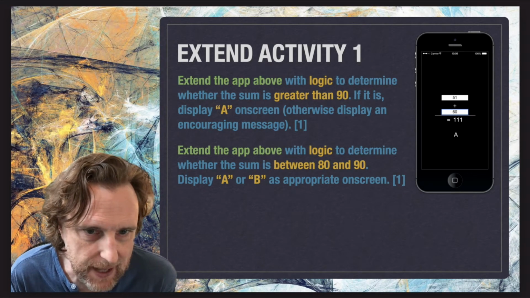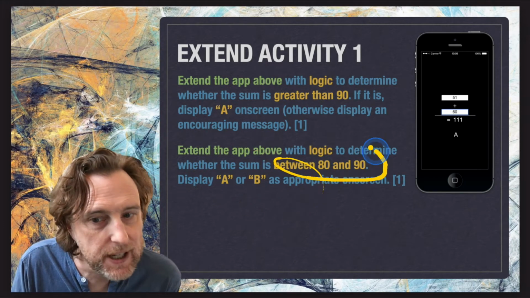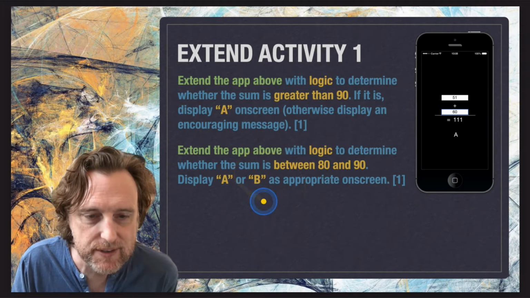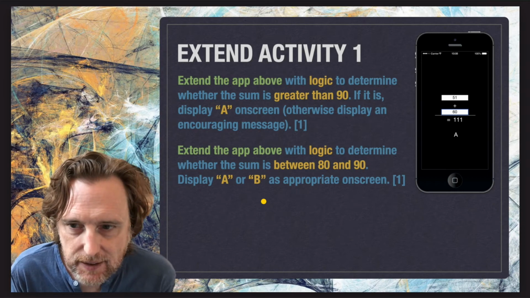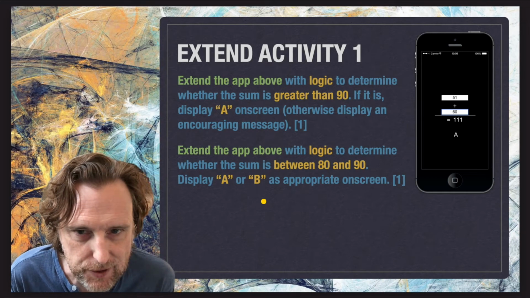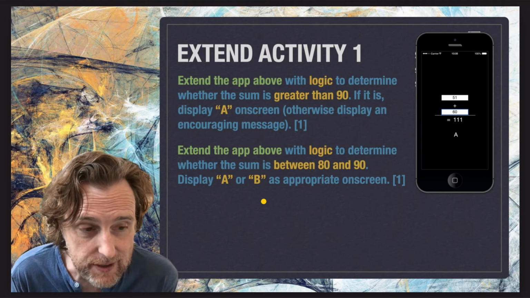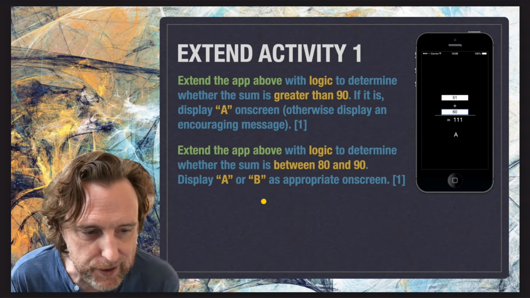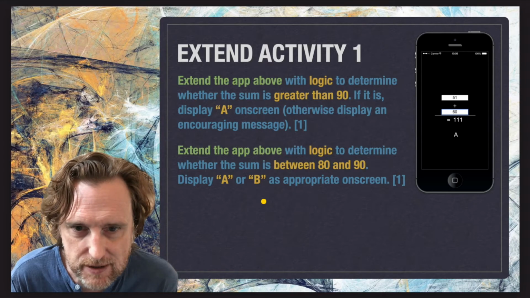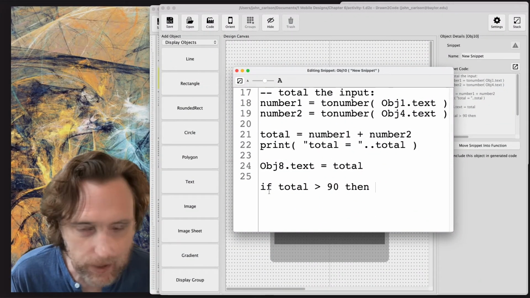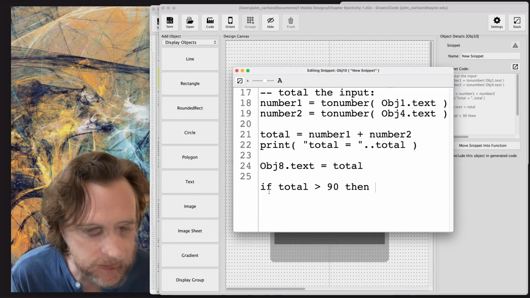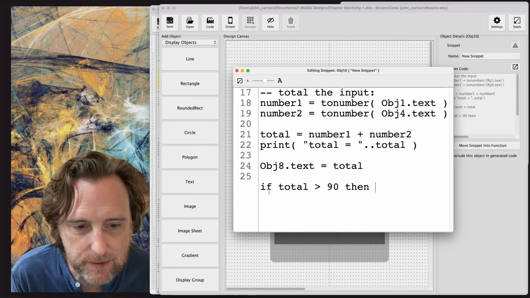If so, display an A. If it's between 80 and 90, say B. If it's less than that, I mean, you can go as far as you want. You can figure out C and D and F if you want, or you can just figure out A and B and then say, better luck next time on your next app as a message. It's worth an extra galleon on top of the quiz, the 3 galleons for the quiz.